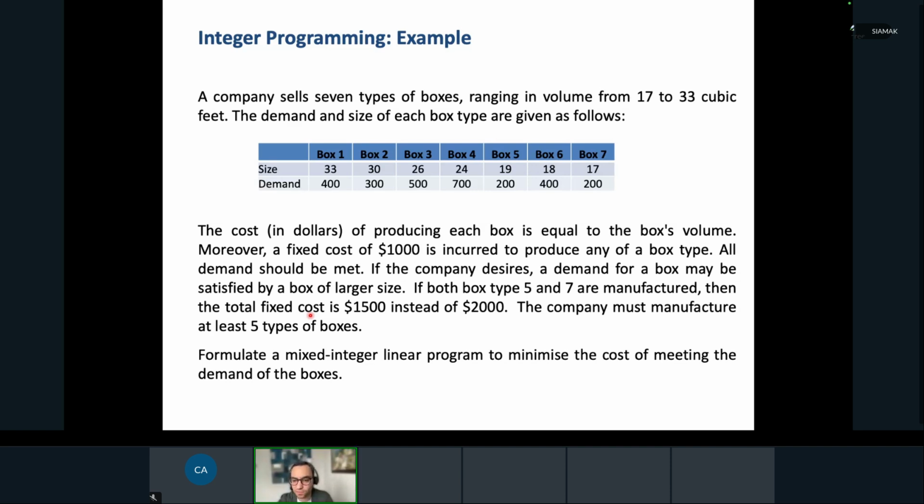What do you think? I want you to think about that. Any idea? The fixed cost changes if box 5 and 6 are produced. Okay, that's a good point, that we have to somehow incorporate this.